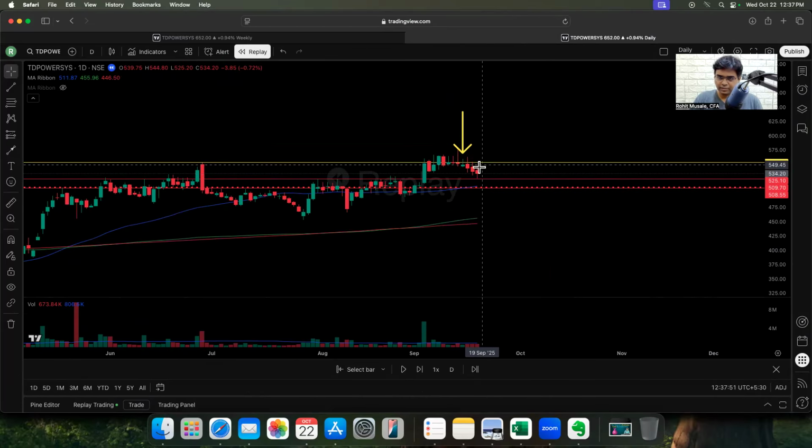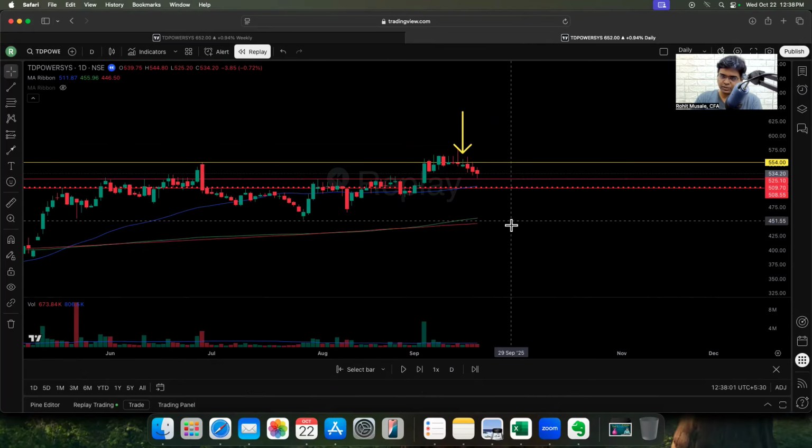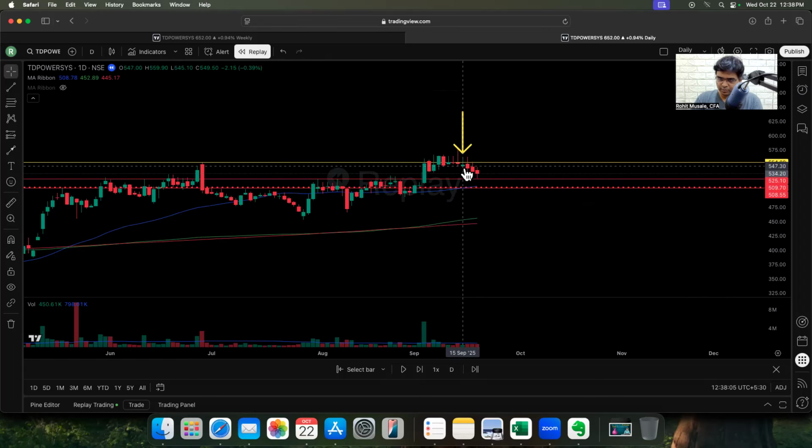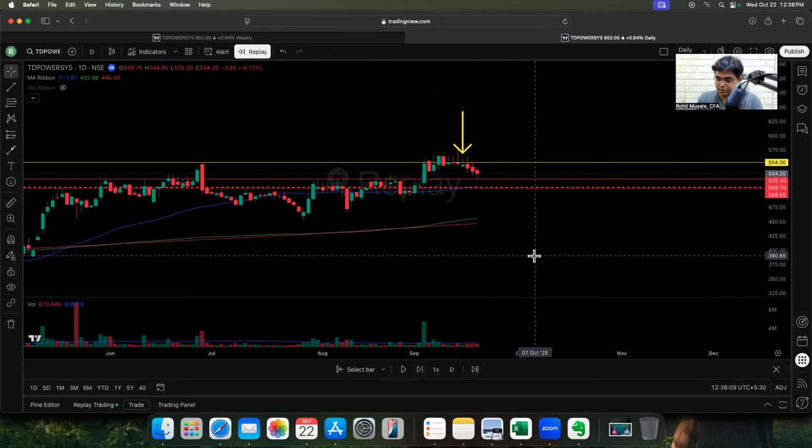Yeah, when this day closed, the price bounced off the stop loss range, but her main stop loss was here. So she held on to the stock. You notice the price is coming down, but the volume is also low. That could have been a reason that she did not sell the stock, because there is no sign of institutional selling.